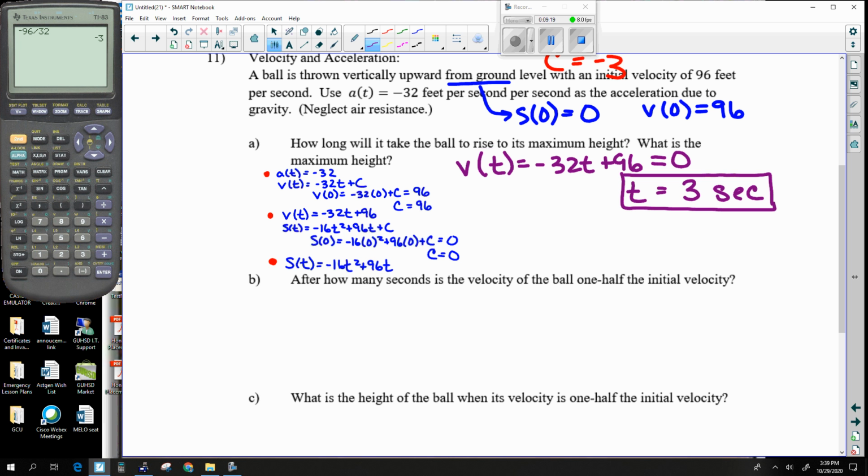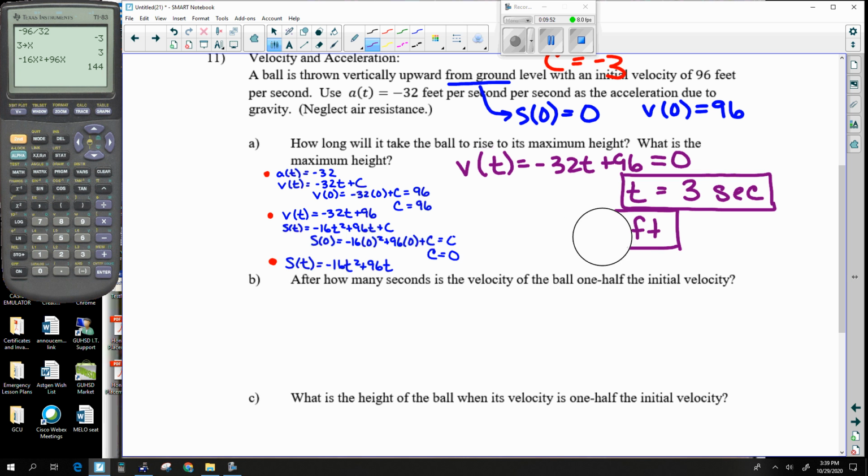What is the maximum height? That's a position. So what is the position at that 3 seconds? That's 144 feet. Let me change my labeling of this a little bit.